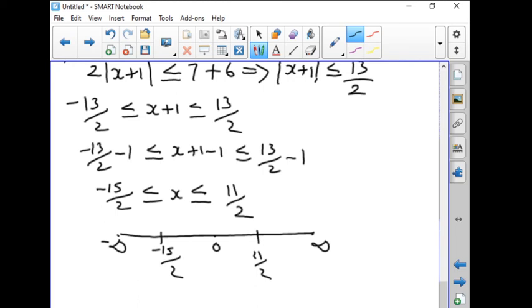From this we see that x is less than or equal to 11 by 2, which is this area. And x is greater than or equal to minus 15 by 2, so greater than or equal to is this area. So this is the whole area that should be shaded.